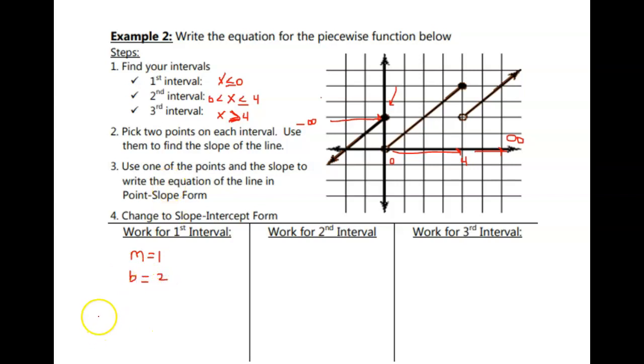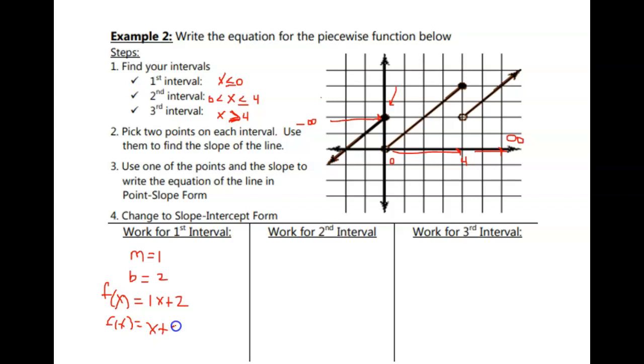So if I have to write this function for the first line, it's going to be y equals mx plus b. So m is 1, x plus 2, or in this case, we say f of x is equal to x plus 2.